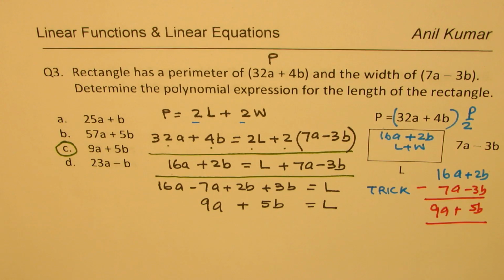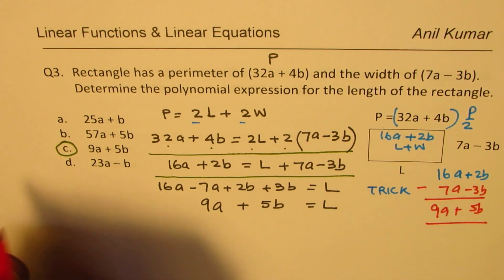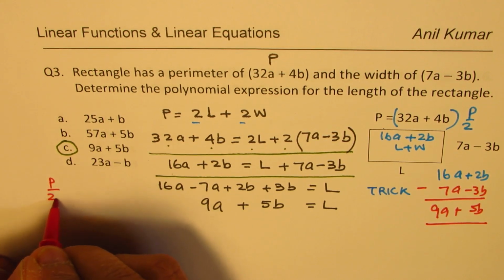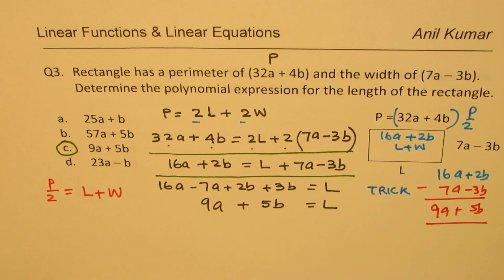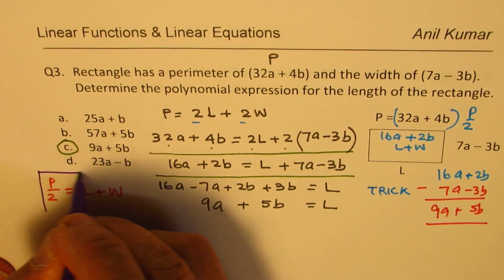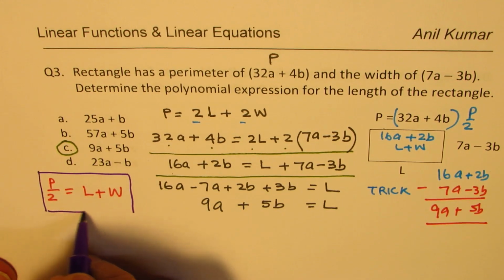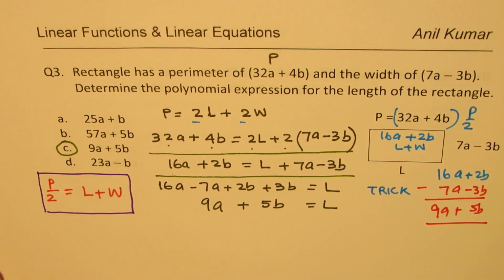So when you are given a perimeter and you need to find combination of length and width, remember this formula, which is half of perimeter is equal to sum of length and width. Okay, so half of perimeter is sum of length and width is your tip on solving such questions if you're working with a multiple choice question set.